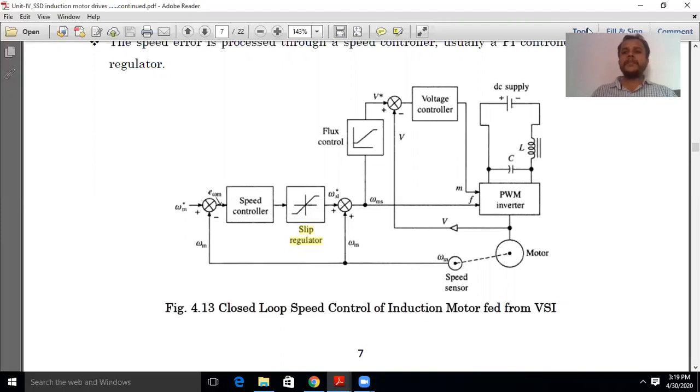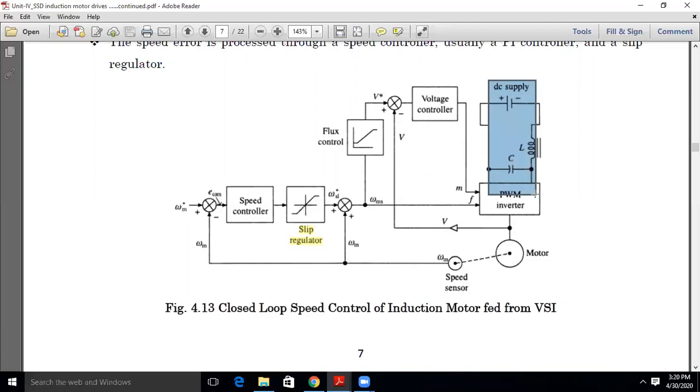That is why we are using a PWM inverter. So looking at this diagram, no external voltage control is required, so the DC supply is directly connected to the PWM inverter.